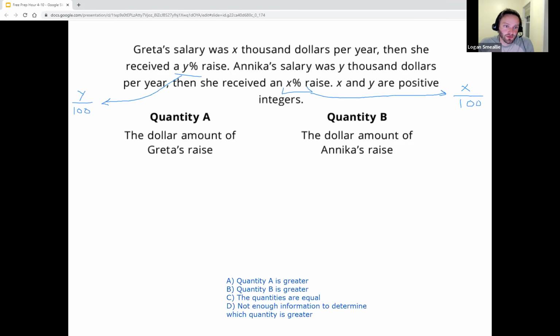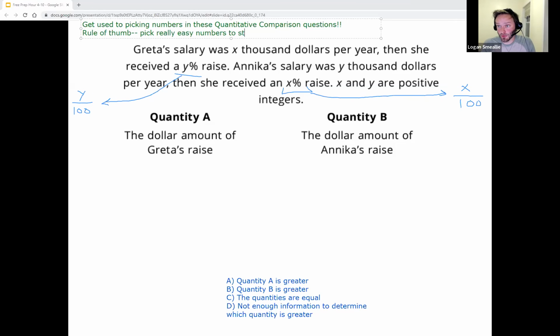So I don't have time to really get into a full-on lesson of all the strategies of picking numbers on QC questions, but if you're near the beginning of your studies, get used to picking numbers in these quantitative comparison questions. And as a general rule of thumb, pick really easy numbers to start with because they're going to teach you the most in the least effort.